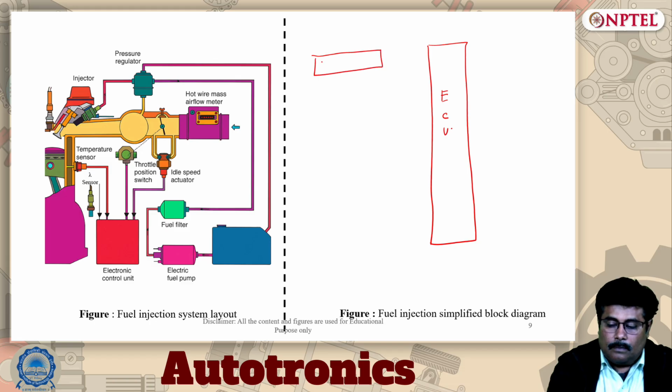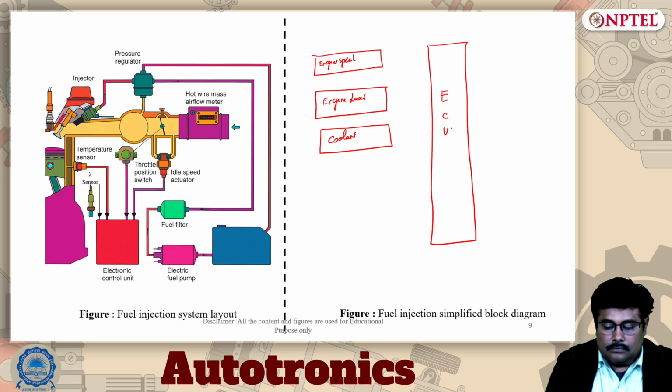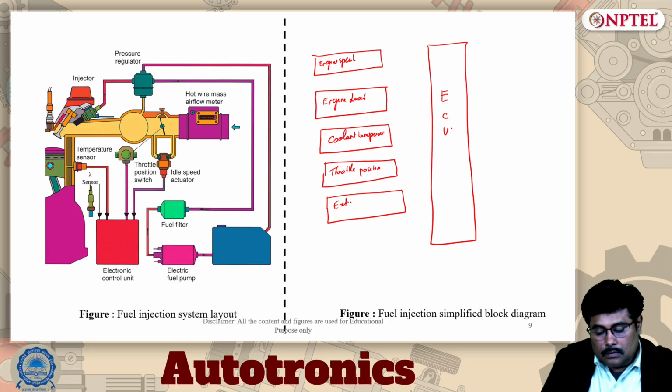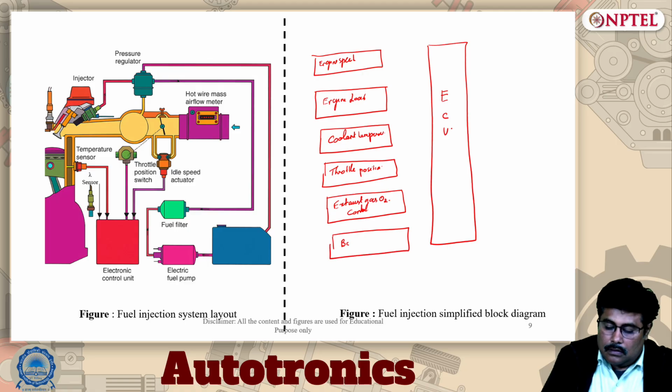We have the engine speed, engine load, the coolant temperature, throttle position, the exhaust gas O2 content, and the battery voltage.